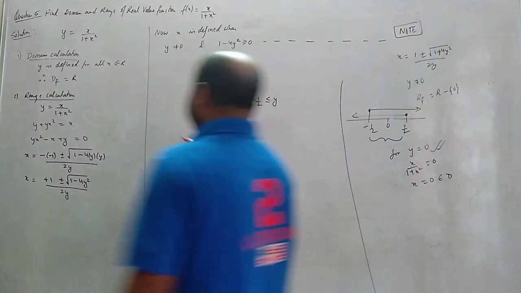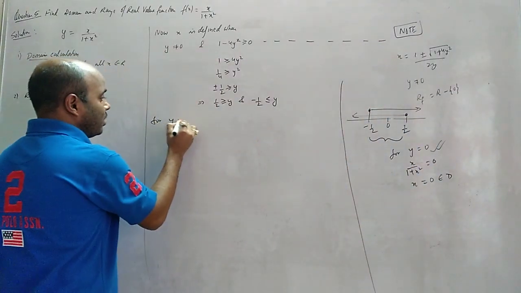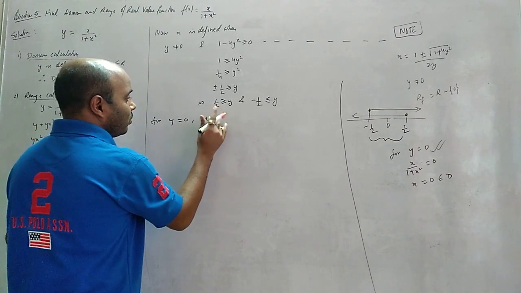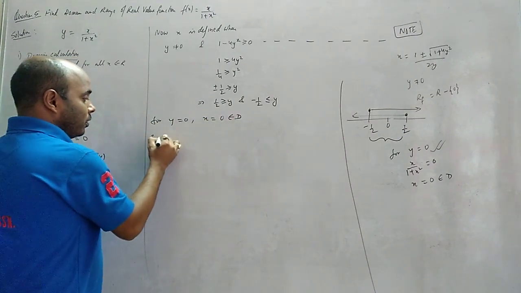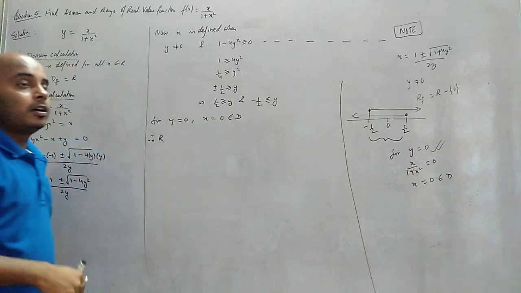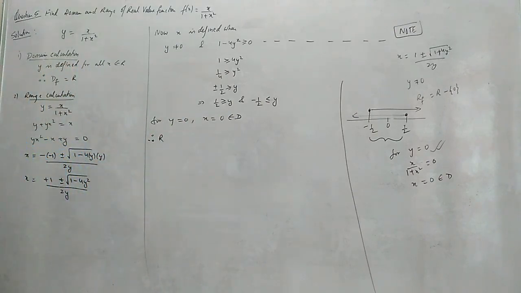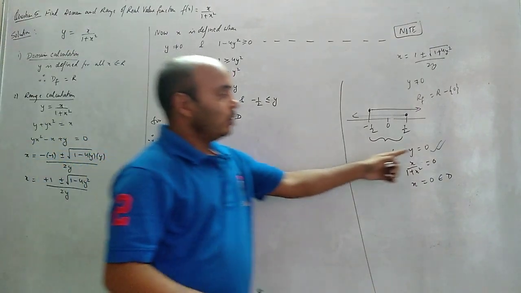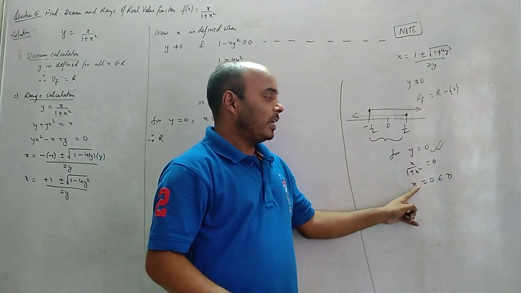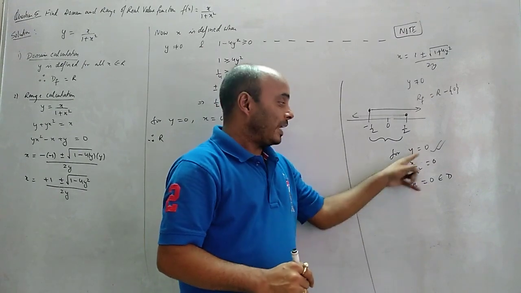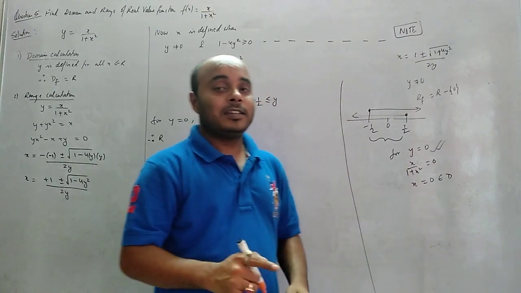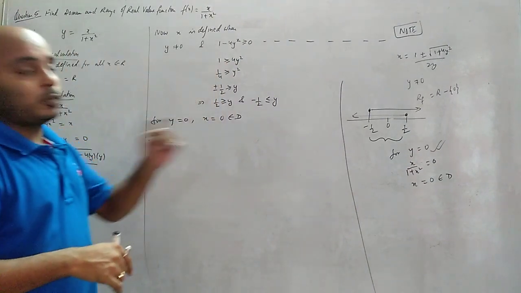So what will I write? For y equals to 0, x is 0, which belongs to the domain. Therefore, y can be 0. Understood? After taking y equal to 0, if you calculate x and that x does not belong to the domain, or that x cancels out, then we can say that y cannot be 0. But here y will be 0.